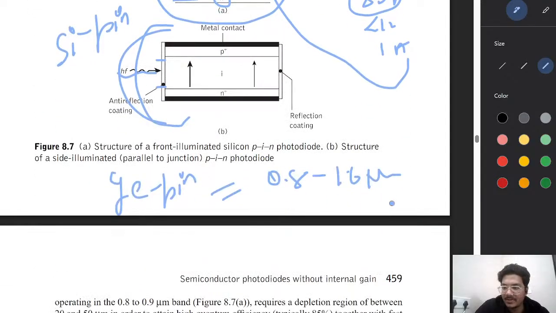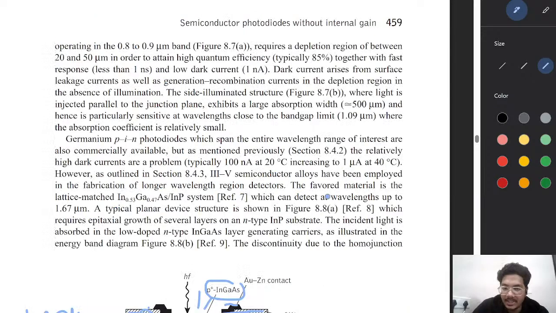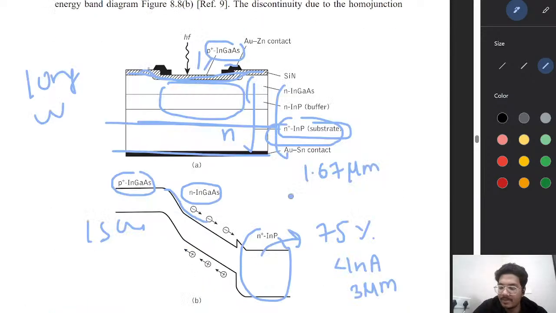A germanium PIN diode has a span of 0.6 micrometer but has a high dark current. And indium gallium arsenide PIN diodes are preferred for long wavelength, 1.3 to 1.55 micrometer, fiber systems.